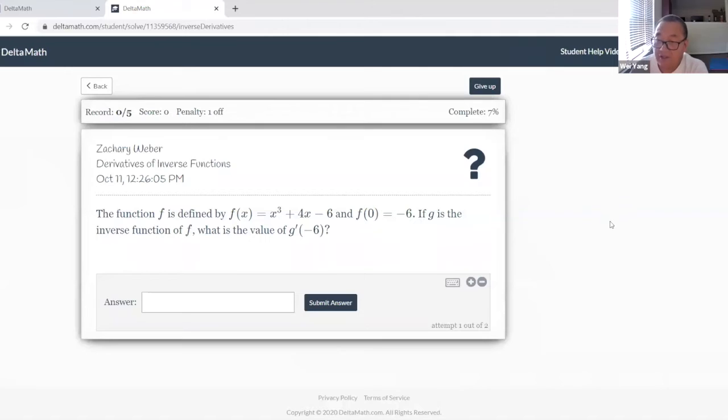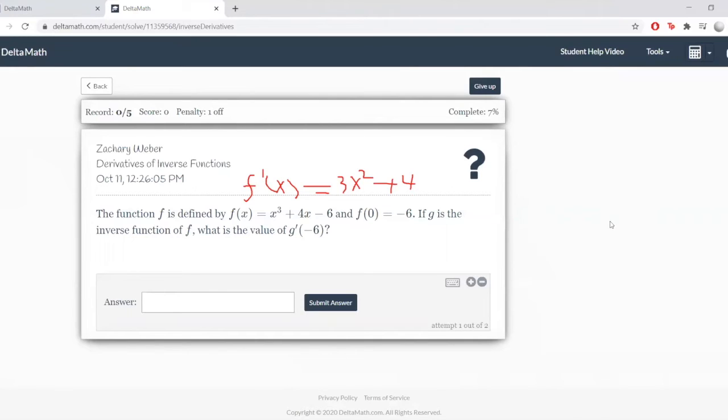First, we can find the derivative of this function. Then you can get the derivative of f(x), which equals 3x squared plus 4. This is the derivative of this one.